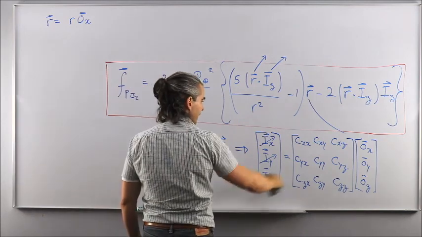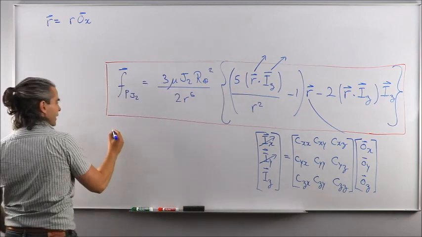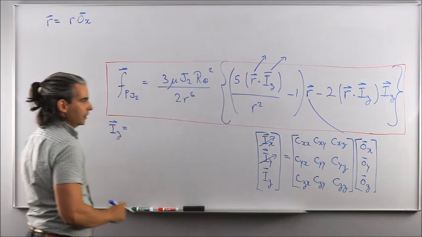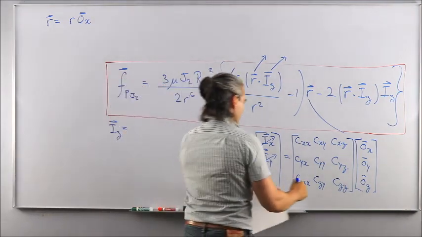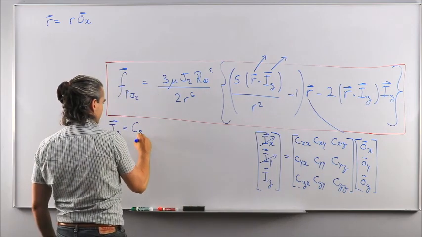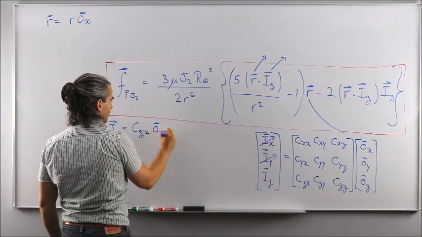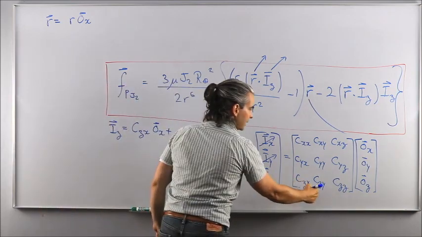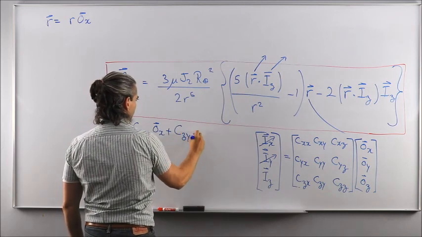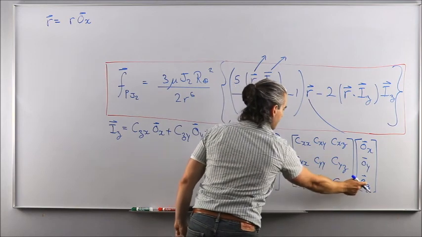So I'm just going to take that linear expression here and say that IZ is going to be equal to CZX, as a scalar, times OX, plus CZY times OY, plus CZZ times OZ.